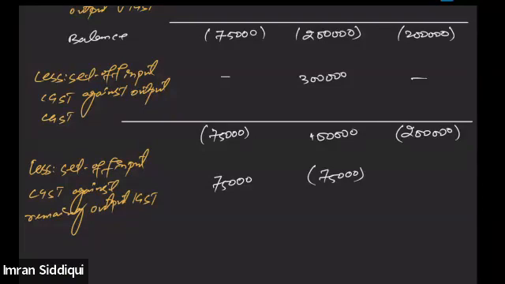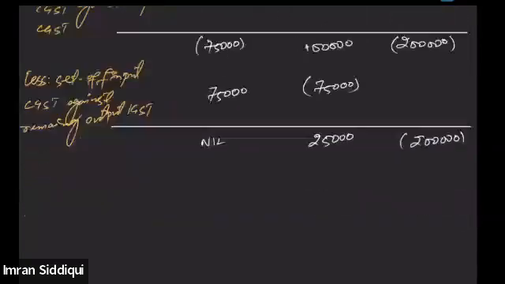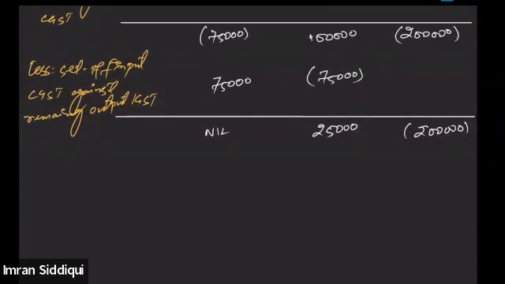We won't be able to adjust the entire amount from 75,000 because we don't have a sufficient balance available under the IGST as well. And here we will get the nil balance. We will get the 25,000 debit balance, positive value, and just a minute. Yeah, 2 lakh credit balance. All right. This is all about the setting off of the CGST.